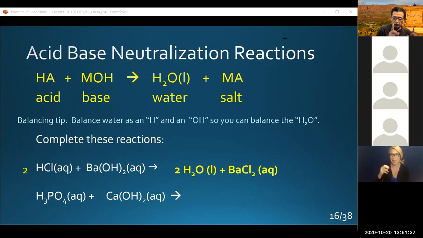How can I make the protons and hydroxides balanced here? Because I got 2 hydroxides from calcium hydroxide and I got 3 protons from phosphoric acid. How can I balance those 2? What do I need?